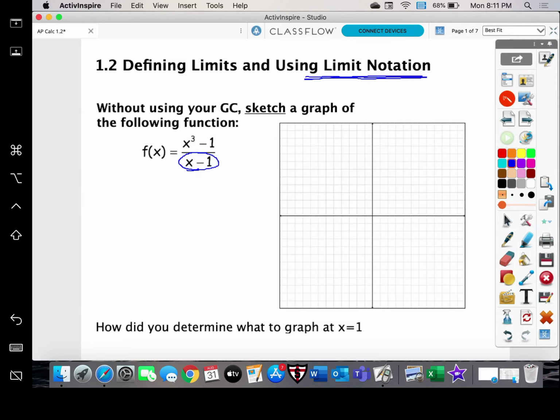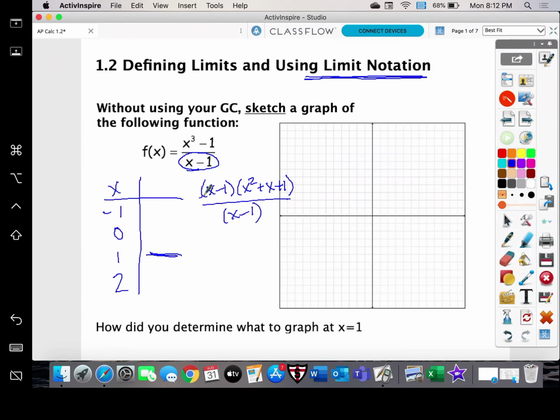But if we create our typical table, maybe we choose some negatives. We can't choose 1. There's something weird that goes on there. Maybe we do a 2. We can plug all of these in and we can get certain points. I don't know if anybody thought maybe we should factor that, and then you get the x minus 1s to cancel out.